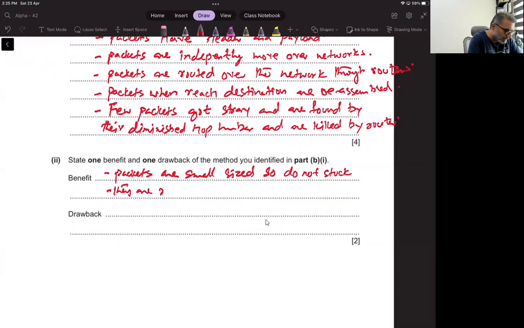They are rerouted when they reach congested routes. Okay.